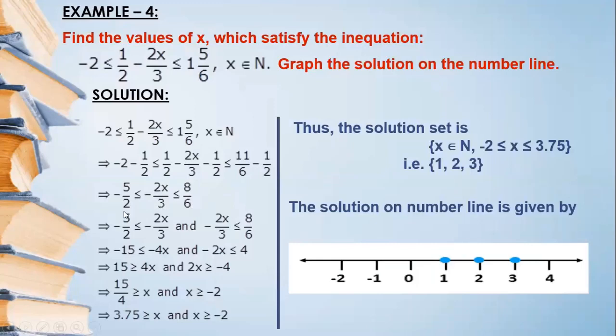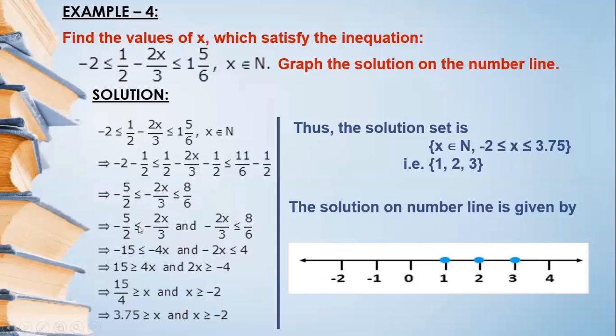Now we can split these three terms into two inequations, taking the first and second term, and the second and third term. So here we get -5/2 ≤ -2x/3, and the second inequation will be -2x/3 ≤ 8/6.